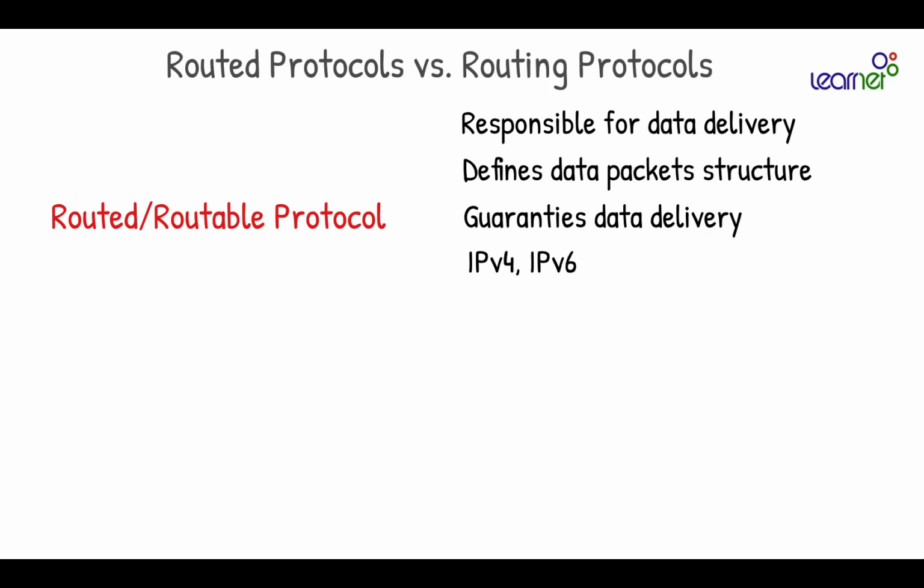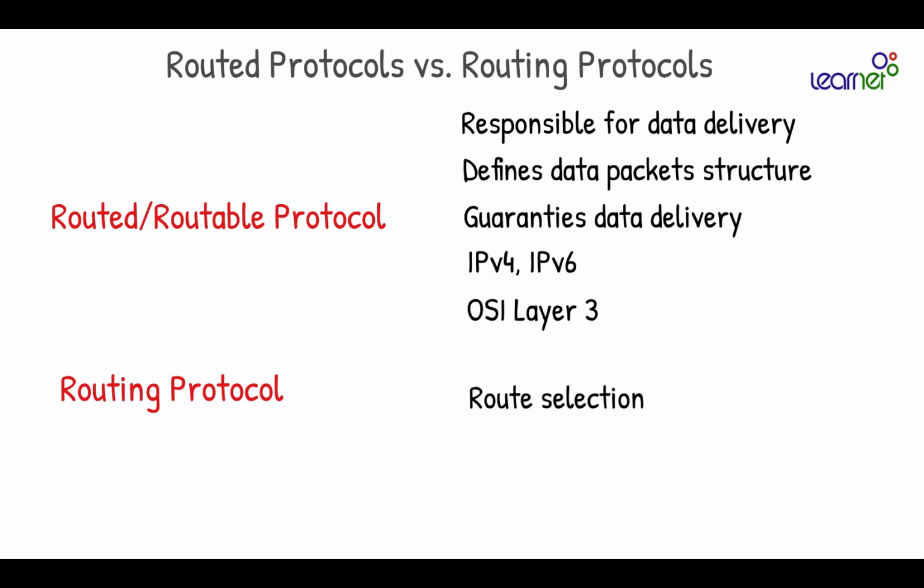These protocols operate at layer 3 of the OSI model and focus solely on transporting data, not on determining the best path to take. On the other hand, routing protocols are used by routers to determine the best possible path for data to travel through the network.